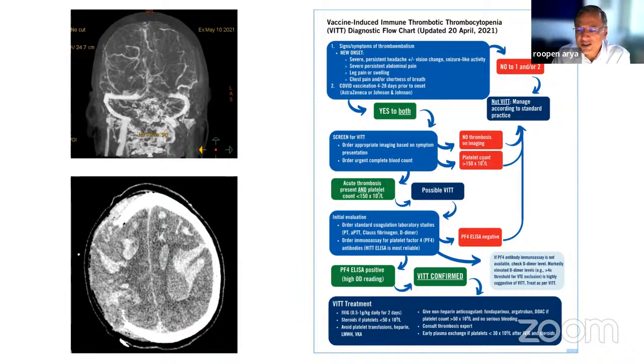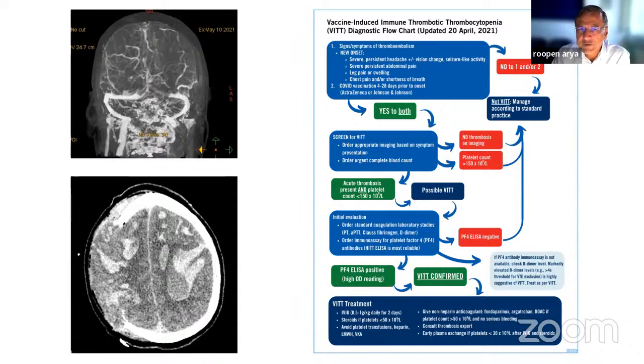Though since heparin wasn't part of the epitope, there's no clear rationale for avoiding heparin. And I'm aware of many cases in which heparin was used successfully. But within months, we had stopped using the AstraZeneca vaccine and we did not see any further cases.